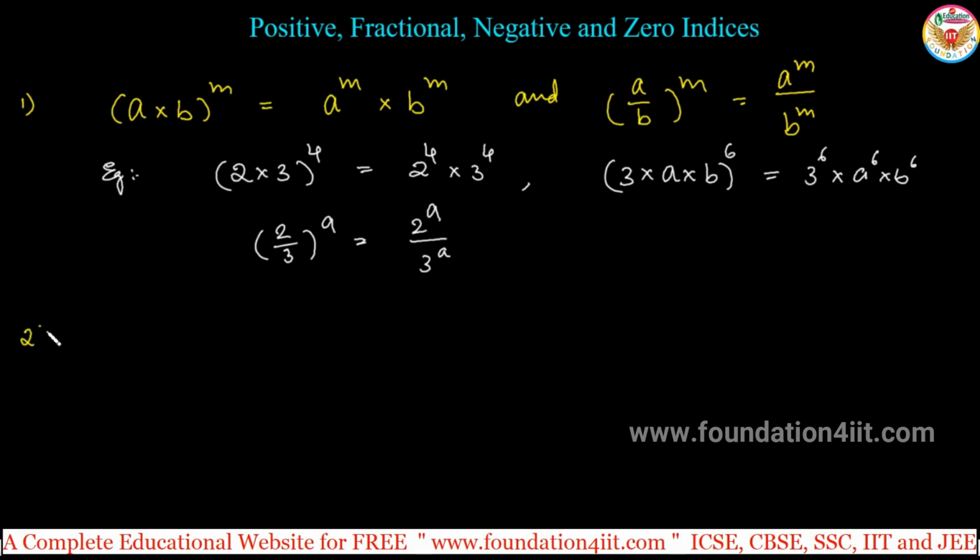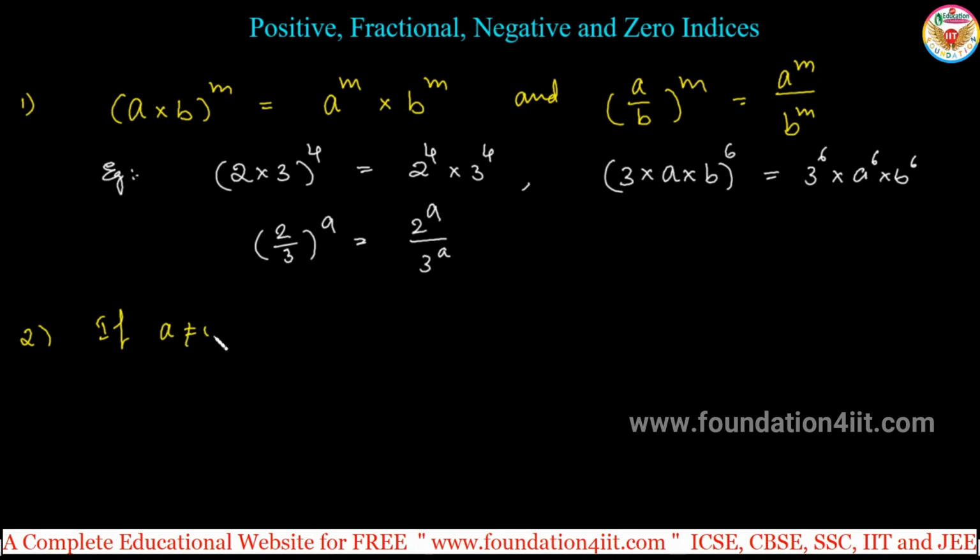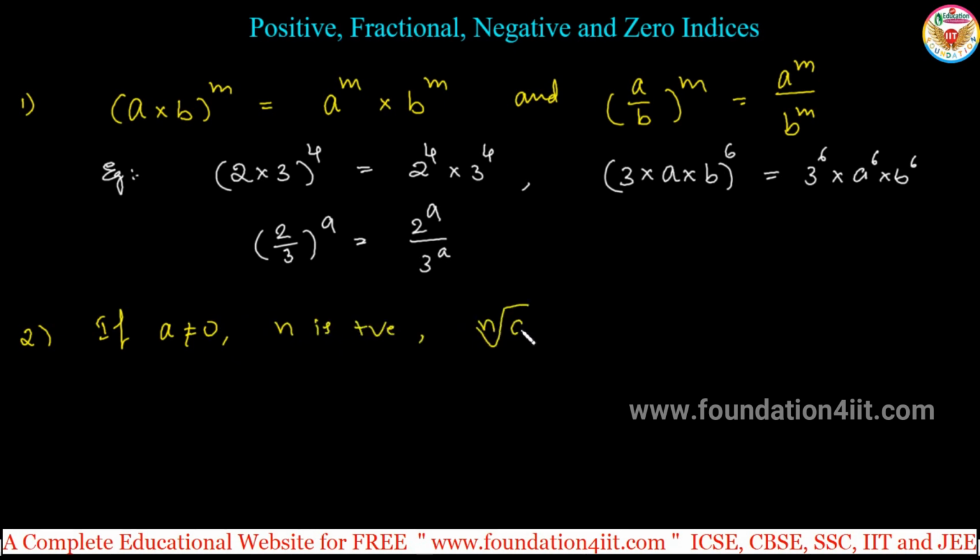And next one: if a is not equal to 0 and n is any positive number, then the nth root of a is equal to a to the power 1 by n.